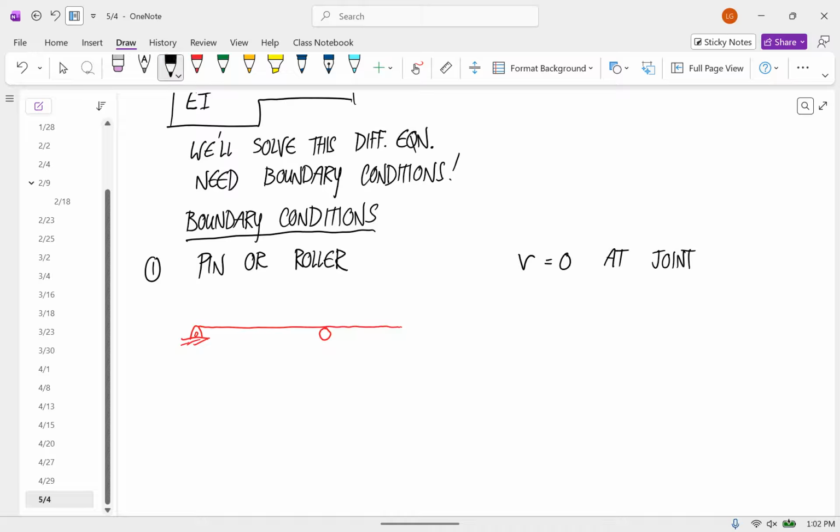This beam can do a lot of things, but one thing it can't do is change its height at the location of the roller or at the location of the pin. So this could do this, you know. But at the roller and the pin, V has to be equal to 0.